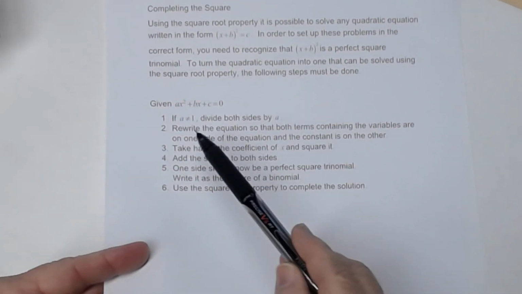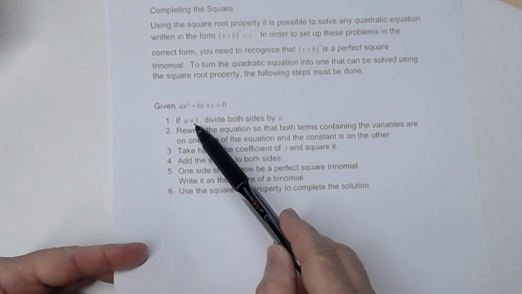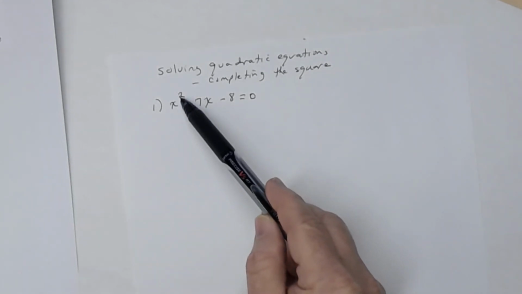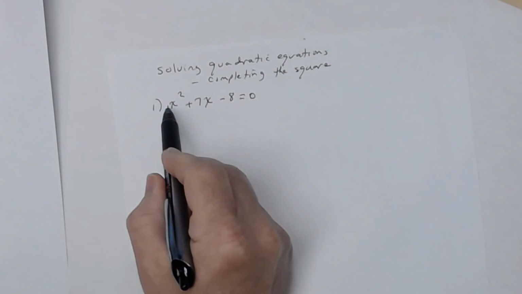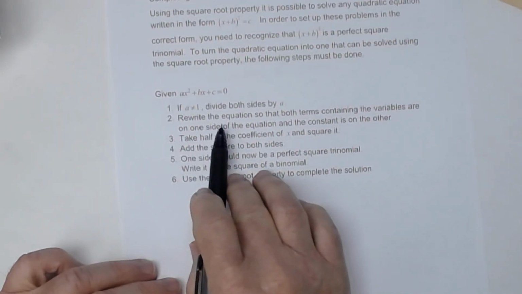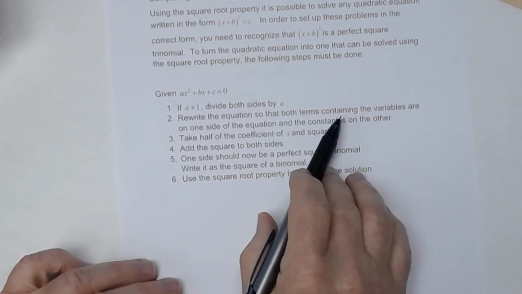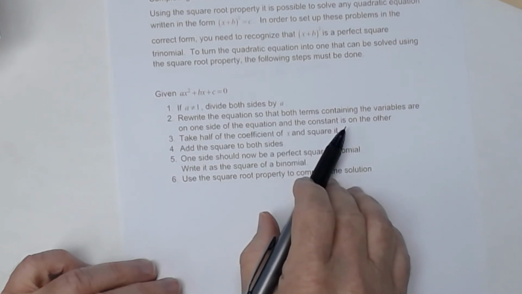Step one: if a, the coefficient of x squared, is not equal to 1, then we're going to divide both sides by a. But notice that in this problem, the coefficient of x squared is 1, so that's understood to be a 1. Step 2, we're going to rewrite the equation so that both terms containing the variables are on one side of the equation and the constant is on the other.